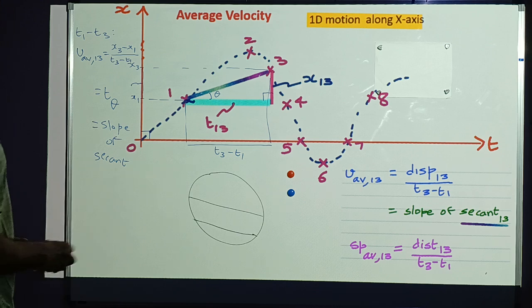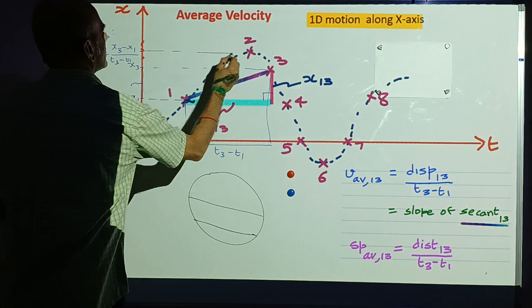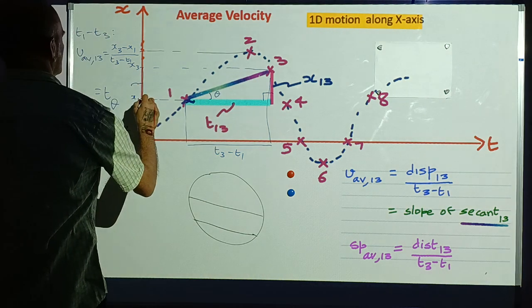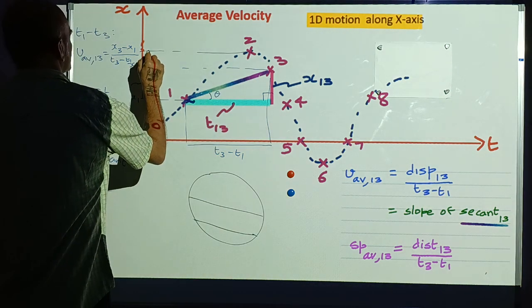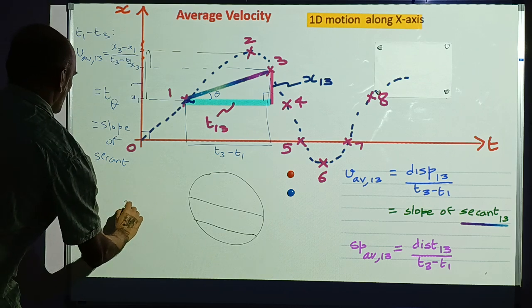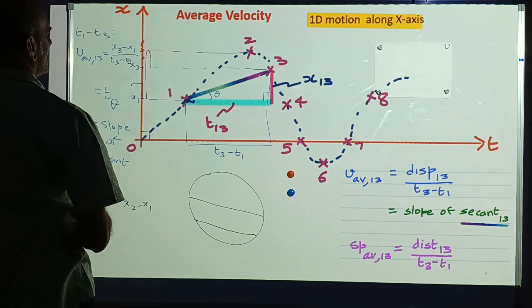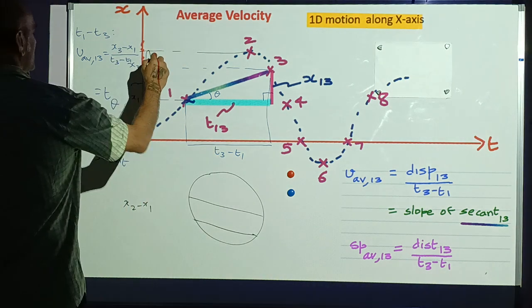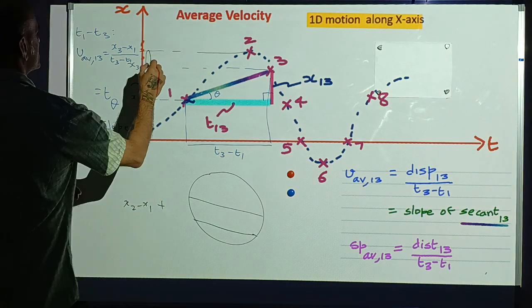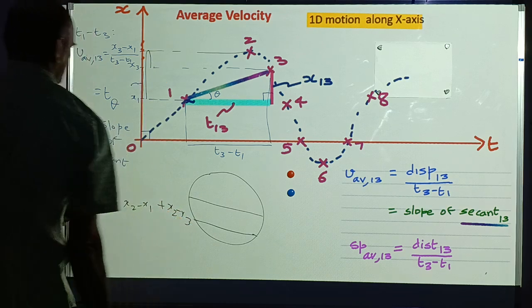And speed is the distance covered in this time interval. So it first goes to x2. So for speed, I will take the path, so it's from here to here. So this much is x2 minus x1, from here to here, and from here to here, x2 is more. So this one is x2 minus x3.